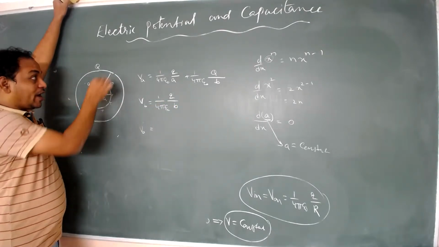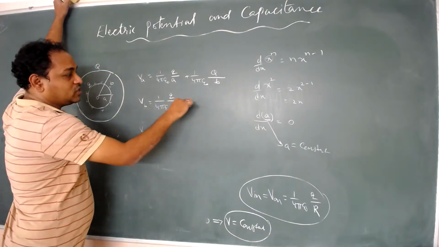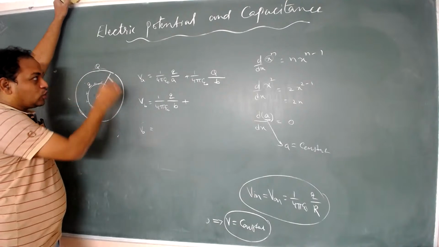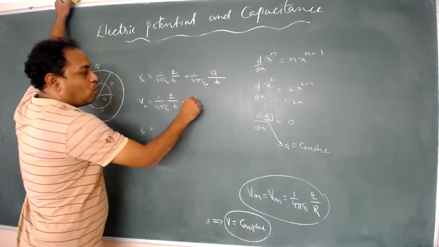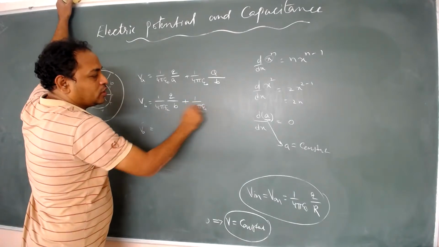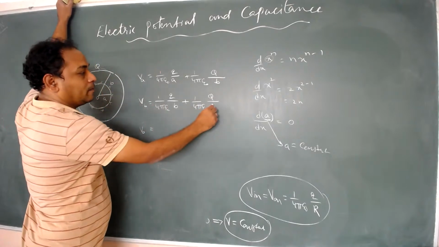Its potential at that point outside, plus the potential of the inner one on this surface, therefore 1 by 4 pi epsilon naught into Q by B.